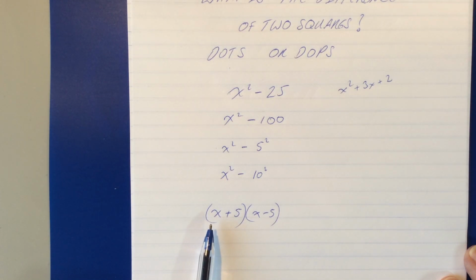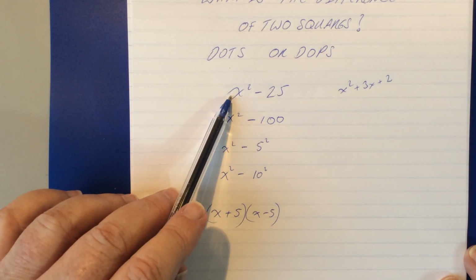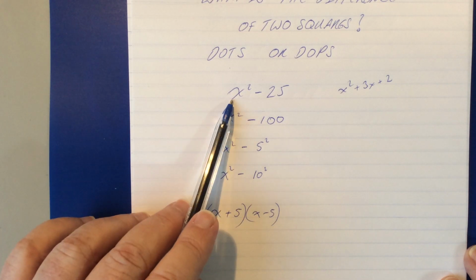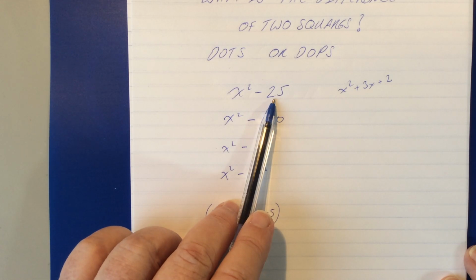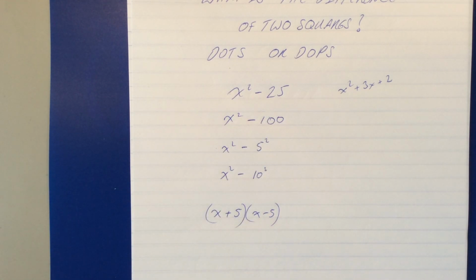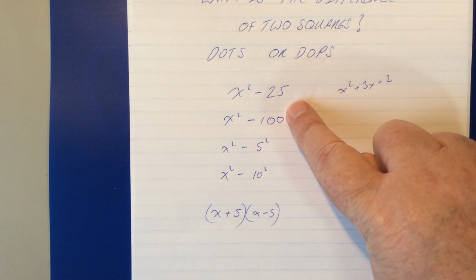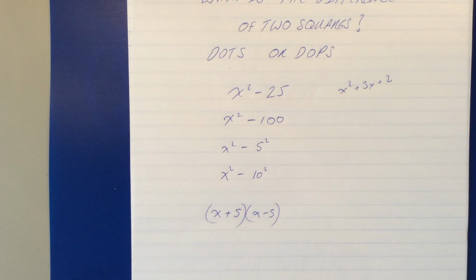And how we do that is we take the square root of this expression, x and x, and we take the square root of 25, which we know to be 5. But we want a result that's negative 25, not positive 25. So how we get that is we get positive 5 here and negative 5 here.